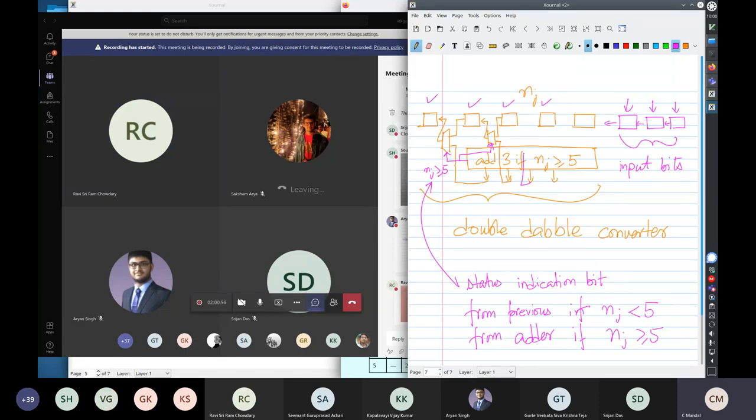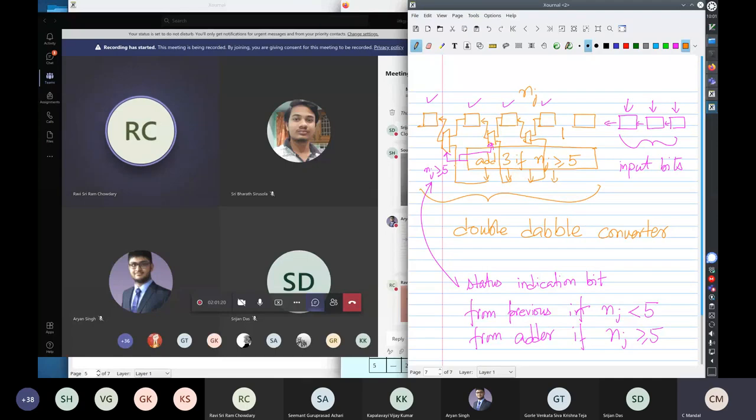So you have a multiplexer here, which will get either from here or from here. And here you'll have a multiplexer which will get either from here or here. And this one always gets from the previous one.